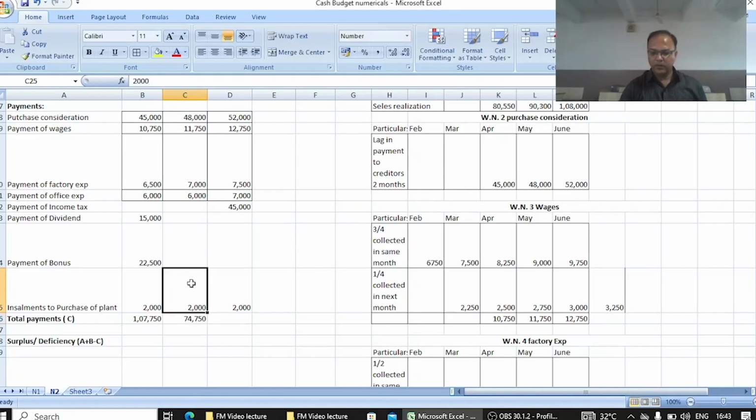Now, come on, third line. 2,000 plus 45,000 will be 47,000 plus 7,000 will be 54 plus 7,500, 61,500 plus 12,750 plus 52,000. This is 126,250.